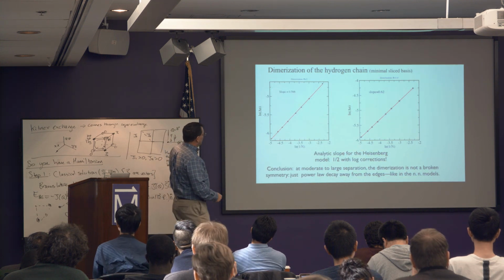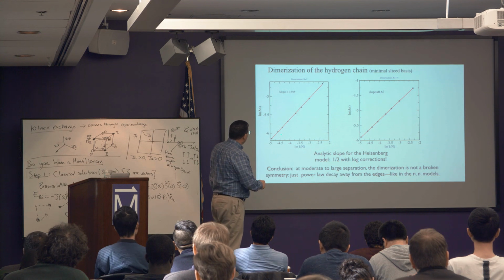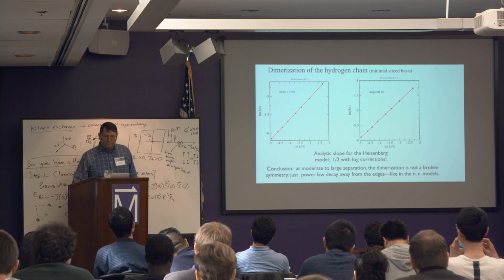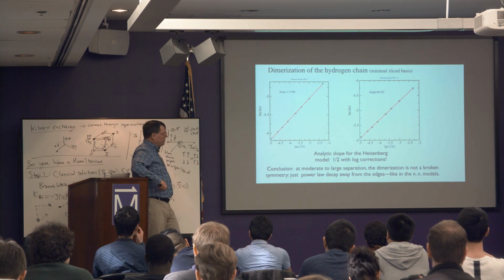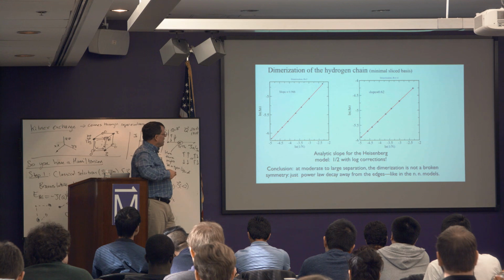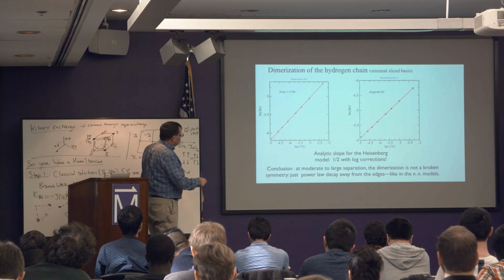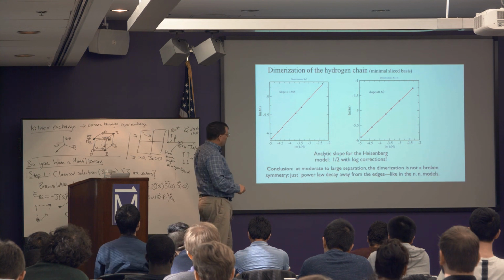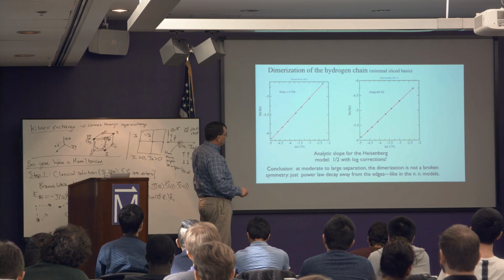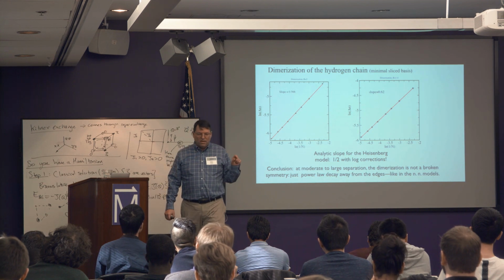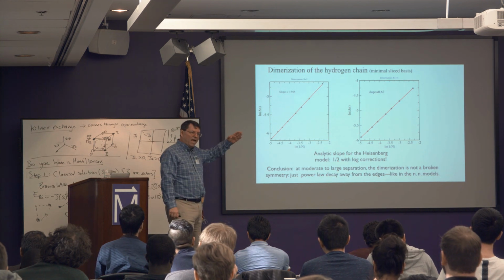Okay, so if you plot this on a log-log scale, you see this nice scaling. If you did this on the Heisenberg model, you would see almost the same thing. So this is fairly convincing. Now, the actual slope that you get, we think it should be 1/2, but this is known to have significant log corrections, which make it very hard to see the actual thing.